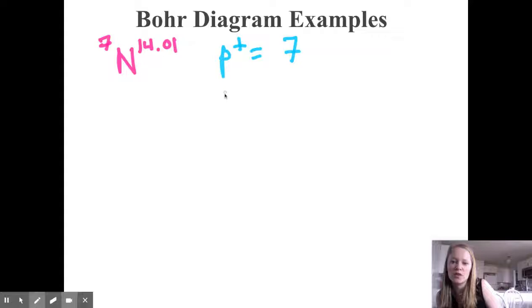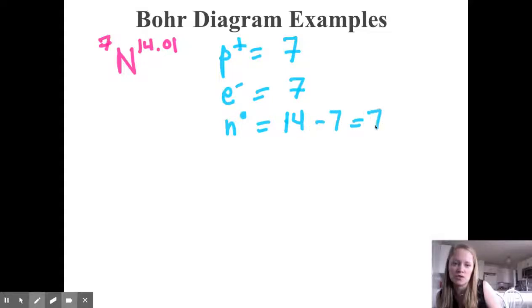My number of electrons also is told to me by my atomic number, which is 7, and then my number of neutrons, which is equal to my mass minus my atomic number. So my atomic mass rounded is 14 minus 7, and my number of neutrons is 7.